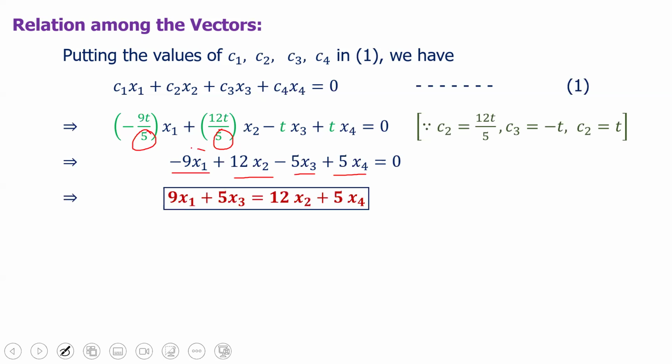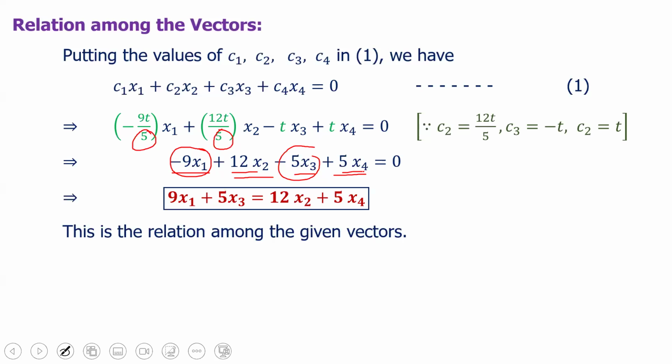Let us transpose the two negative terms to the right-hand side and the positive terms to the left-hand side. Then we have 9x1 plus 5x3 equal to 12x2 plus 5x4. And this is the relation among the given vectors.